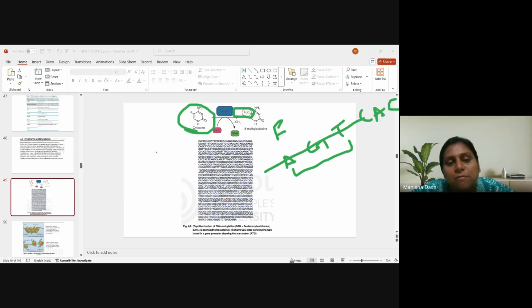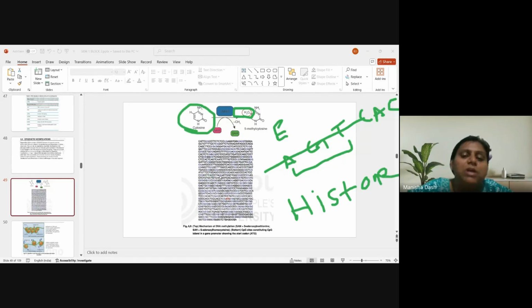Epigenetic modification is when the DNA bases or the histone proteins that also constitute the DNA get chemically modified. There could be different types of epigenetic modification, but primarily two types are studied to understand the gene regulation process. One is called methylation and the other is called acetylation.